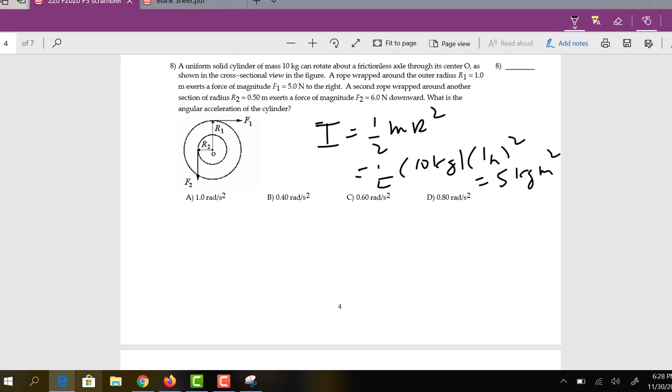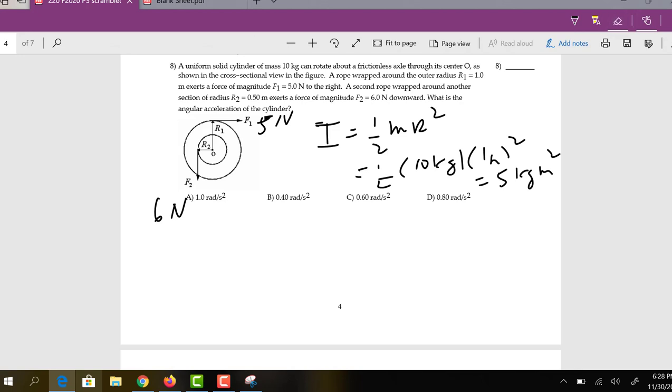We're given a couple of forces. F1 over here is 5 newtons, and the distance over to that point is 1 meter. A second rope, half as far away, so 0.5 meters, that's what R2 is, exerts a force of 6 newtons. Okay.